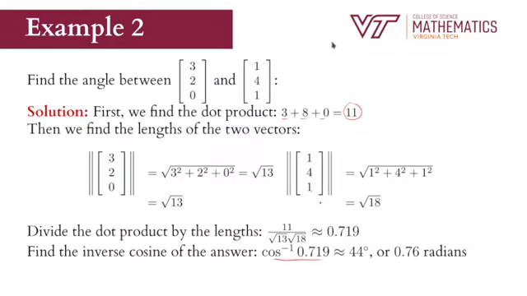So just sketching what we've done here, the vector 3, 2, 0 is 3 units out in the x direction and 2 units over in the y direction. So it's roughly right here.